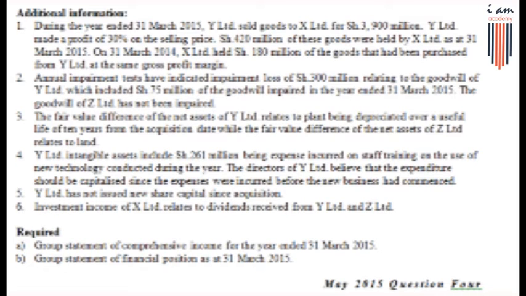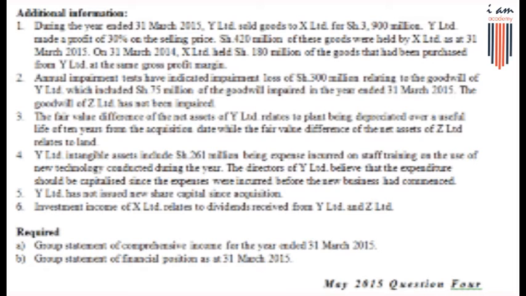On 31st March 2014, X Limited held 180 million of the goods that had been purchased from Y Limited at the same gross profit margin. 2. Annual impairment tests have indicated impairment loss of 300 million relating to the goodwill of Y Limited, which included 75 million shillings of the goodwill impaired in the year ended 31st March 2015. The goodwill of Z Limited has not been impaired.